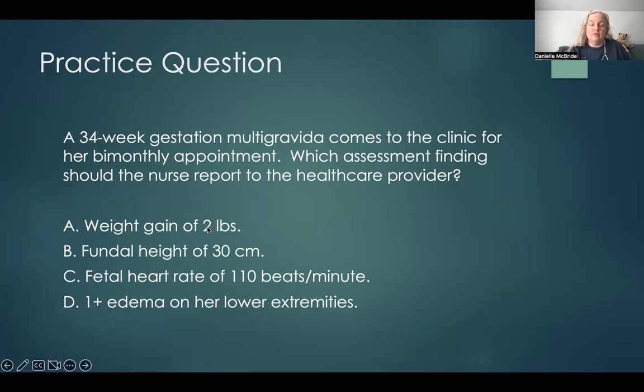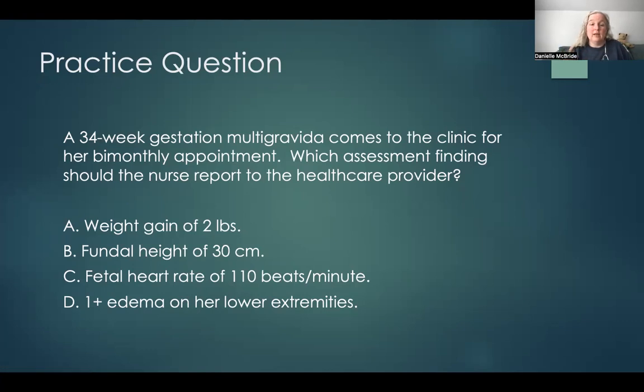Weight gain of 2 pounds. She should be gaining a half a pound to a pound a week. So that should be fine. Fundal height of 30 centimeters. What do you think? So she's 34 weeks. And so remember that the fundal height should be plus or minus 2.